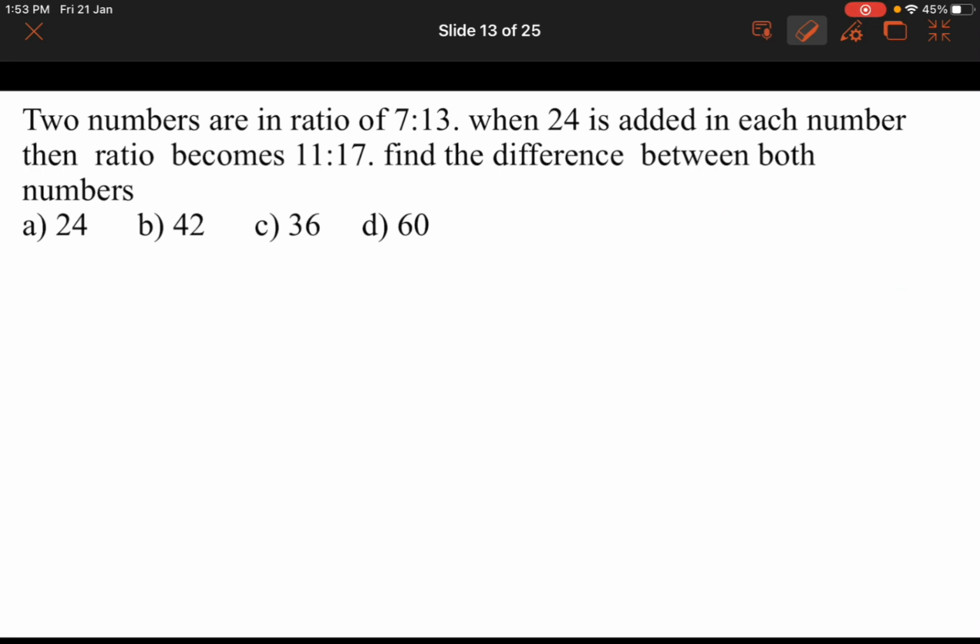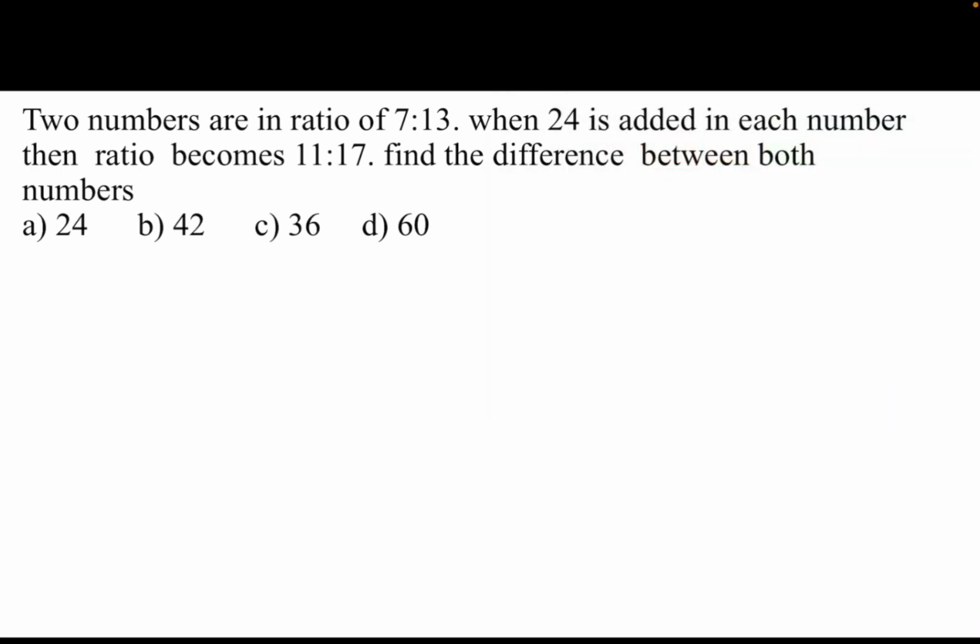Okay, see the first problem. Two numbers are in the ratio of 7:13. When 24 is added in each number, then ratio becomes 11:17. Find the difference between both numbers. Okay.